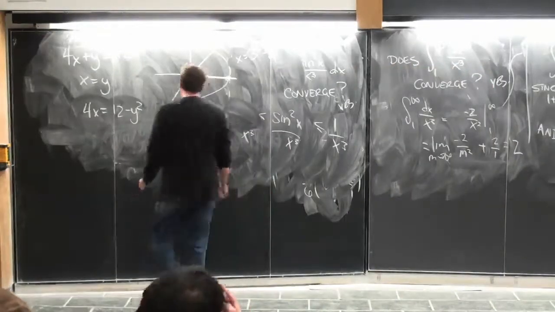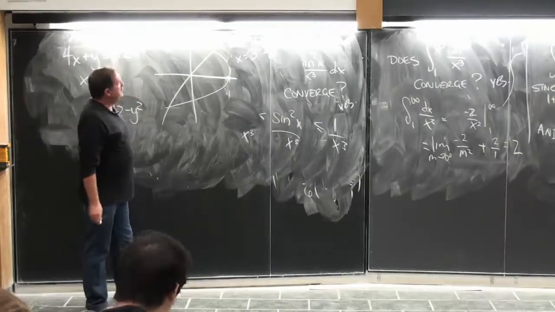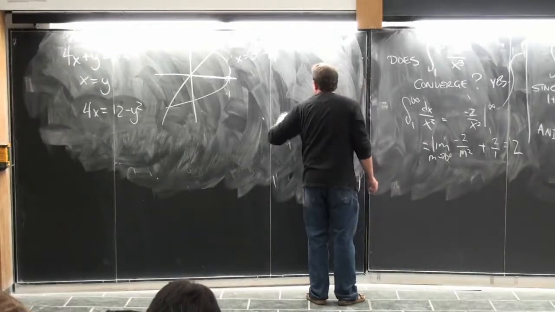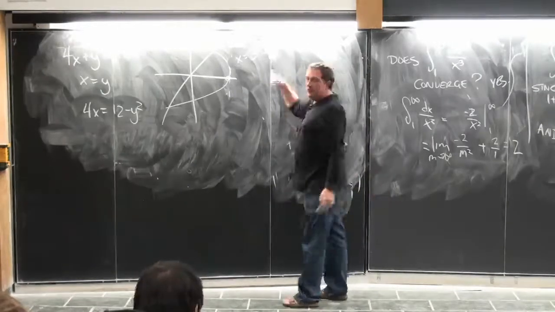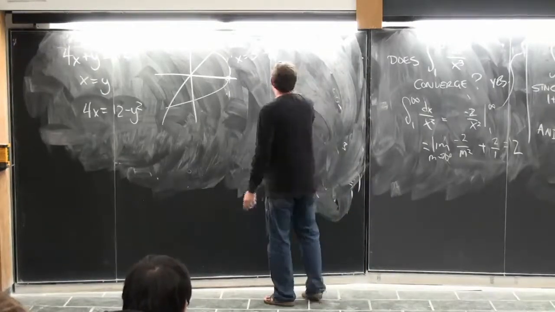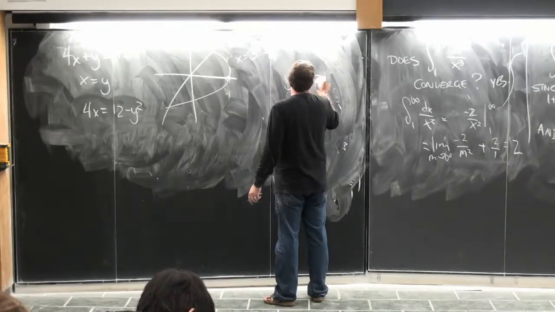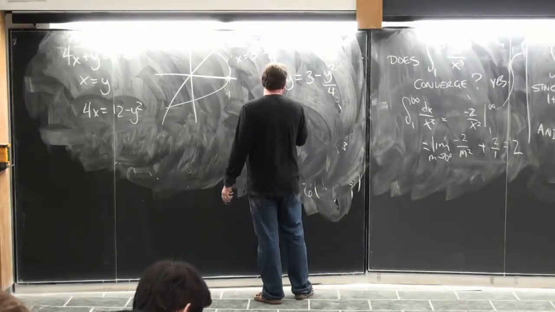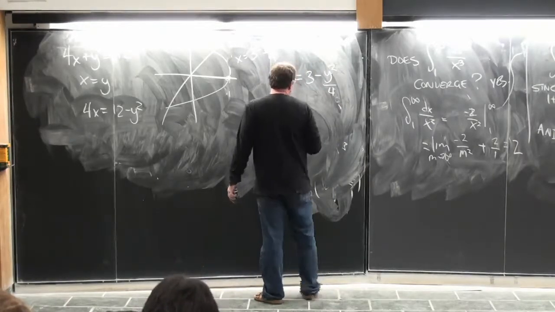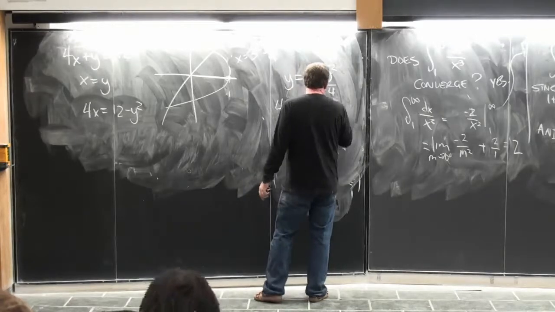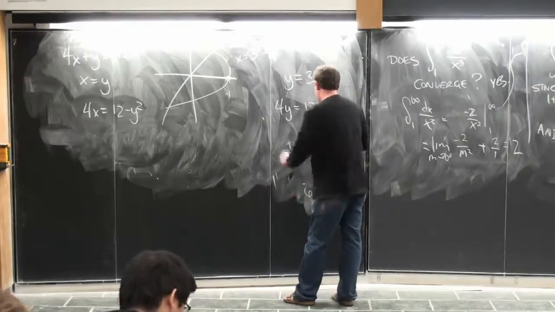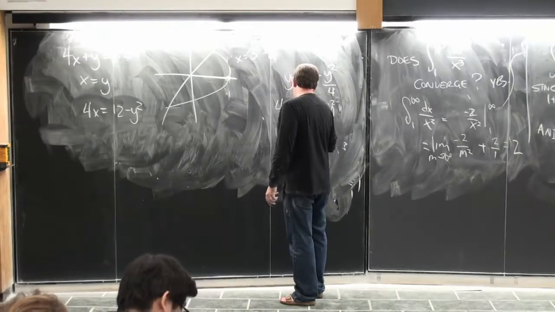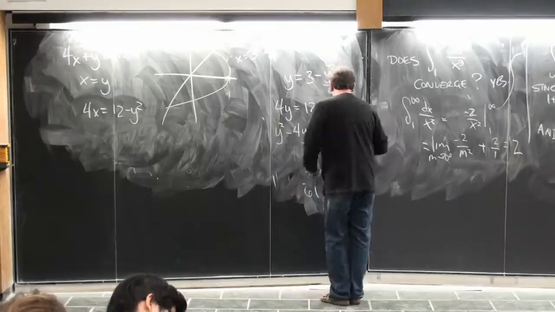And when do they cross? So I have to figure out when they cross. So that's just when y equals x equals 3 minus y squared over 4. So the y values are y equals 3 minus y squared over 4, or 4y is 12 minus y squared. So y squared minus 4y minus 12 is 0.